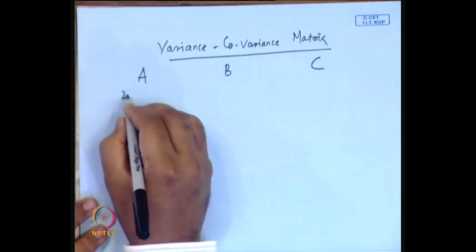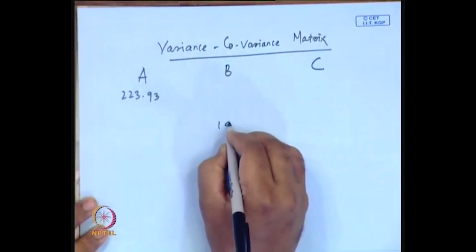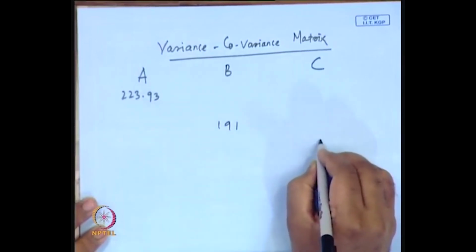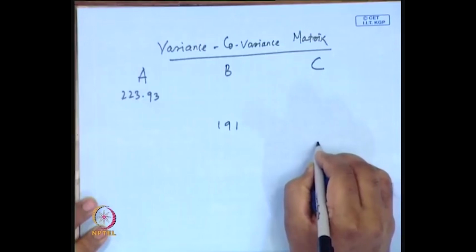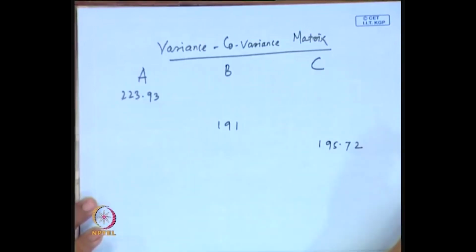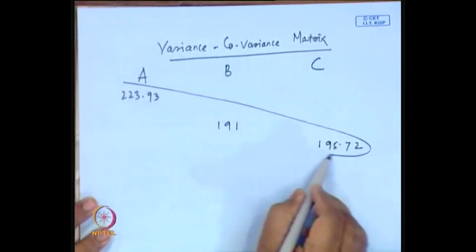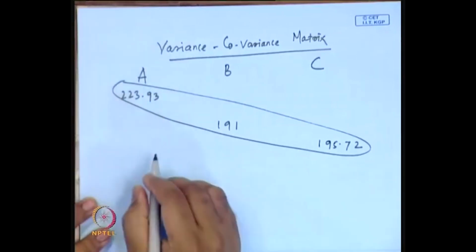your variance is 223.93. For B, the variance is 191.01. Let this be your 195.72. These diagonals are always given as the variance.